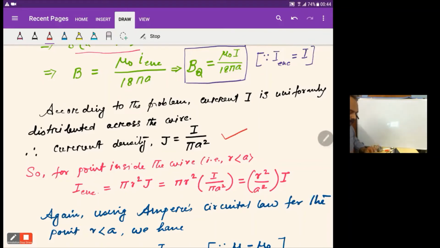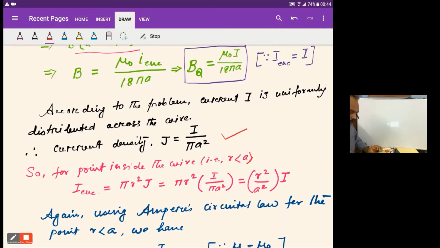So for a point inside the wire, that means when the point is at R and that distance R is inside, that means R is smaller than the radius of the wire, I enclosed will be pi R square J.